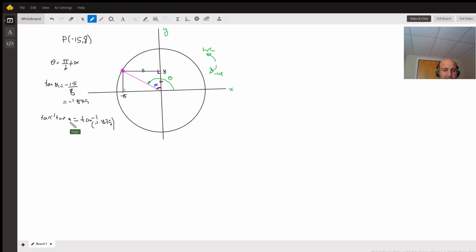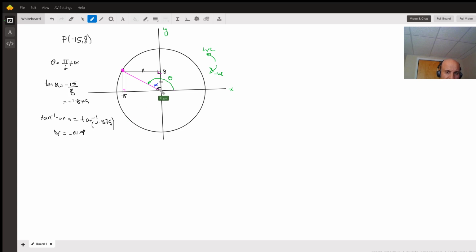So tangent inverse of tangent alpha is nothing but alpha. And tangent inverse of minus 1.875, you get minus 61.9 degree. Now, you might ask me, why is this minus?